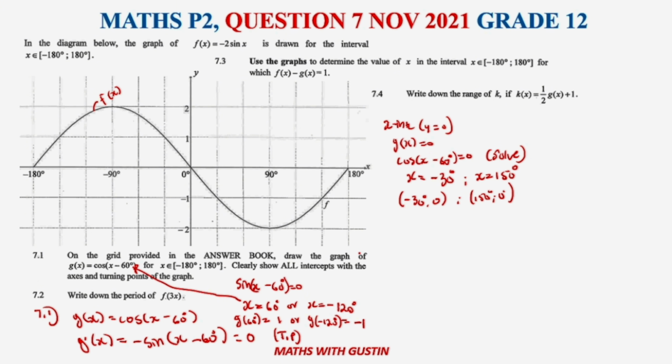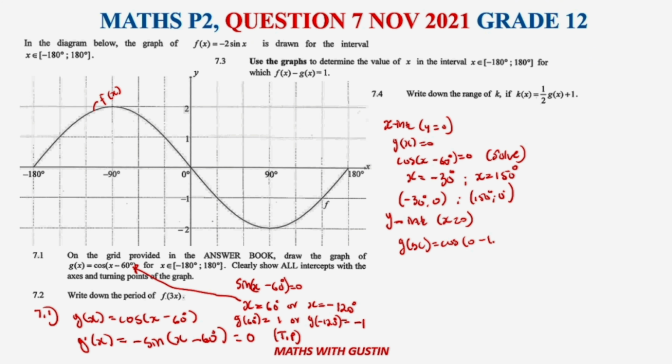Then we also have to look for the y-intercept. We get it when x is equal to 0. So when x is equal to 0, it means it's here on our graph.